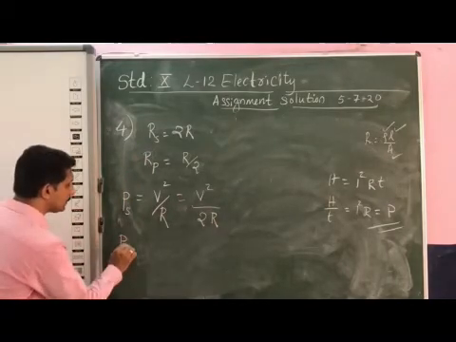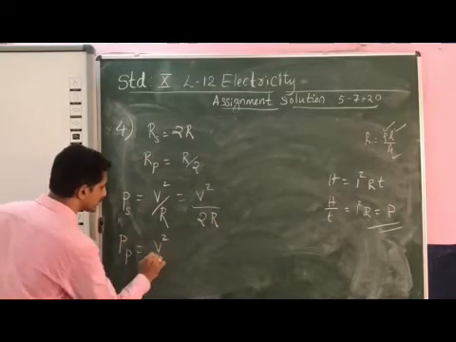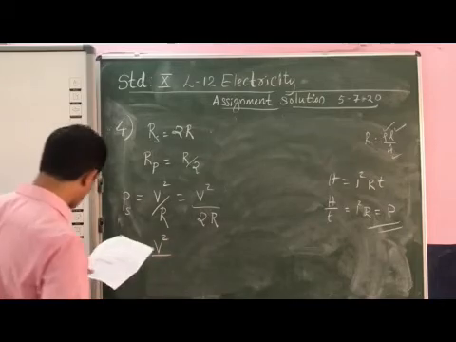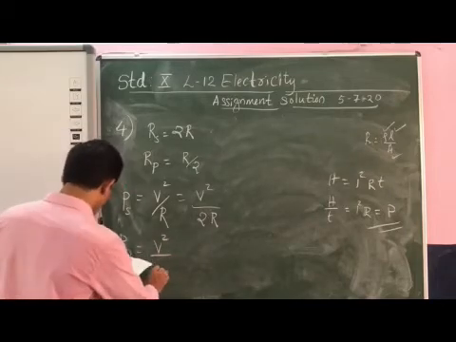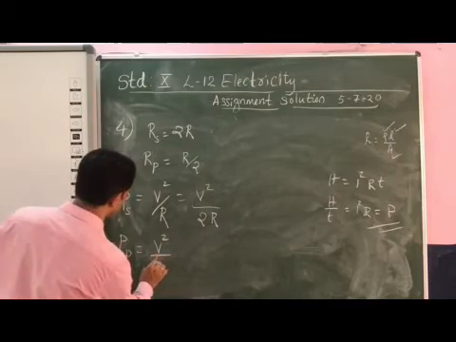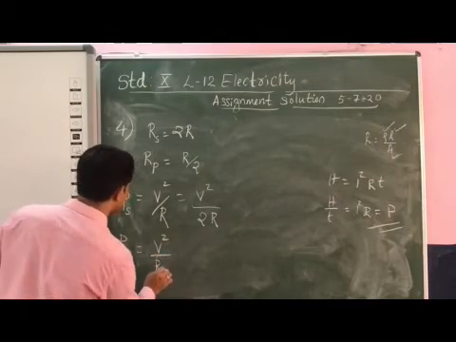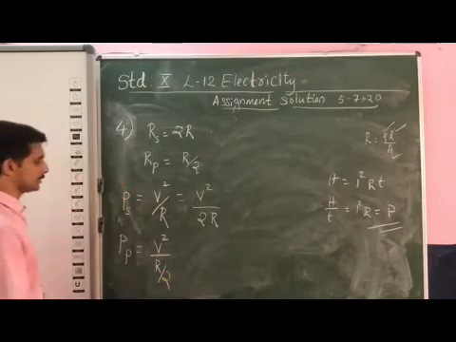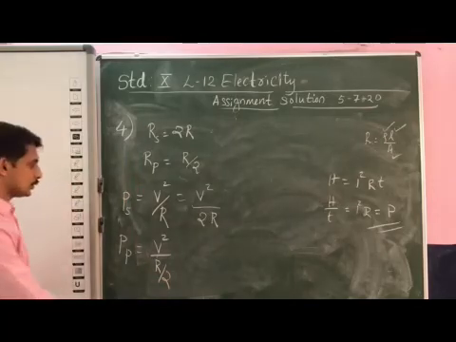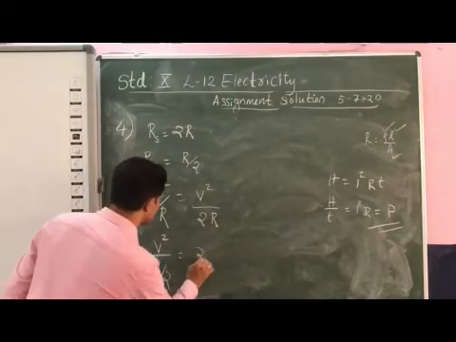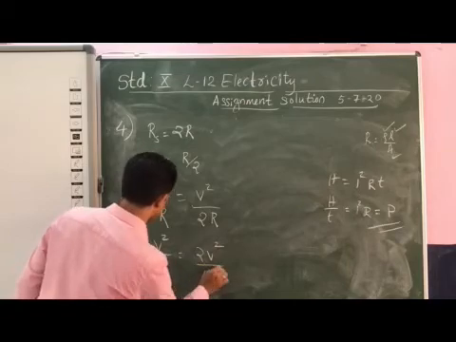Similarly, we can calculate the power produced in the parallel combination: V squared divided by R by 2, where RP is R by 2. So we can consider this as 2V squared divided by R.